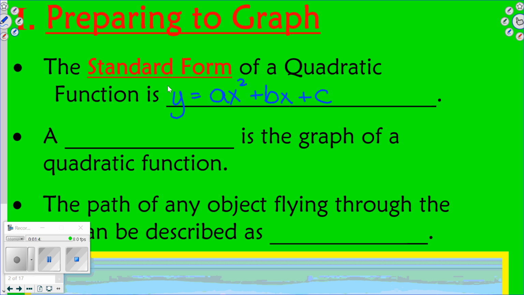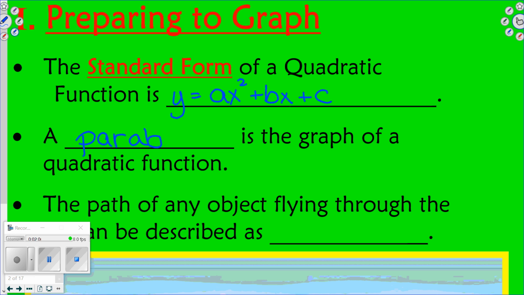Do you know what that curve is called? That's the next blank on here. What's it called? Starts with a P. Really?